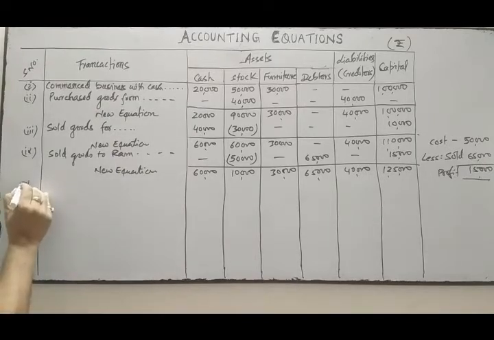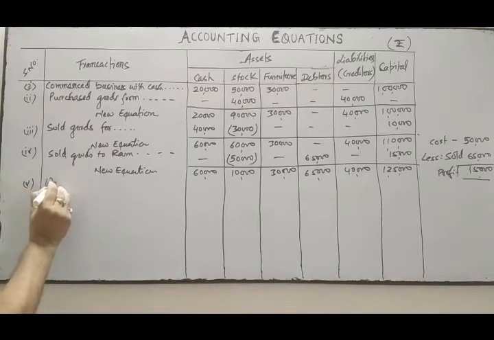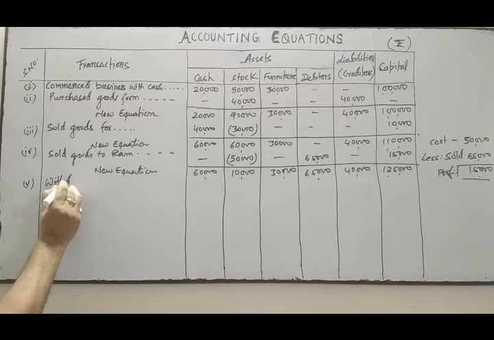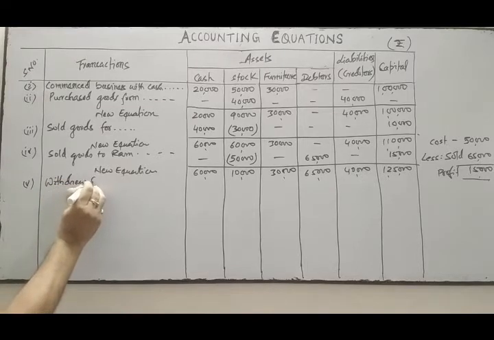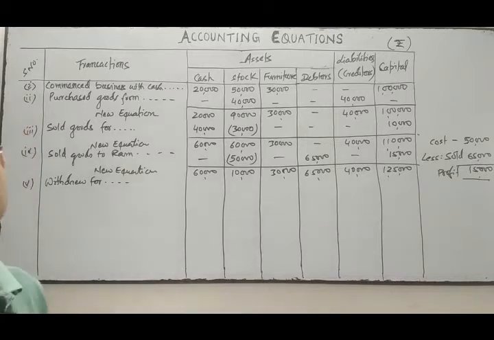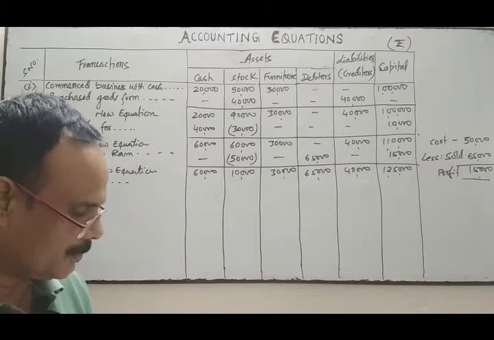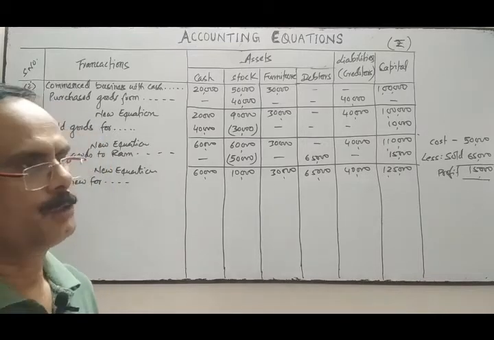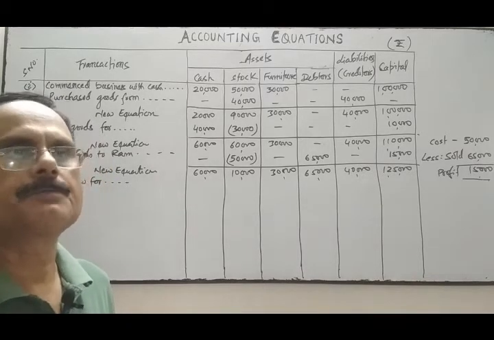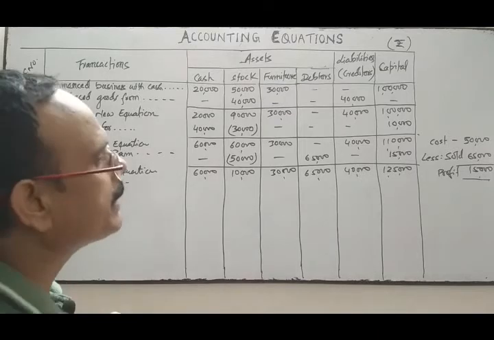Now fifth transaction. The fifth transaction is: withdrew for personal use goods costing rupees 5,000. So goods are withdrawn from the business for personal use. So it's a drawing.